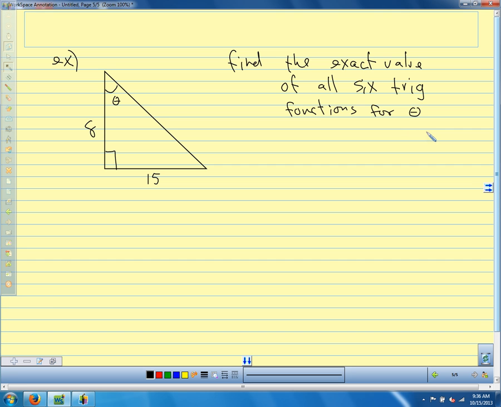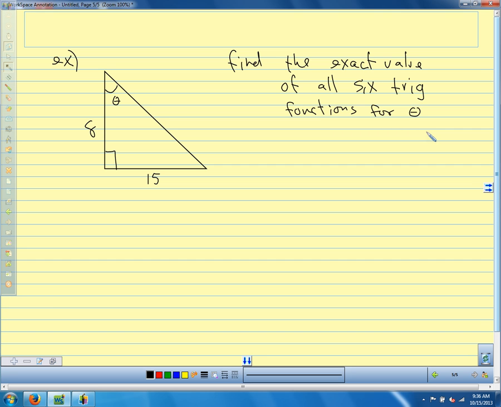So what are we going to want to do here? A couple of clues here. When it says exact value, that's a clue that you are going to write fractions, not decimals.